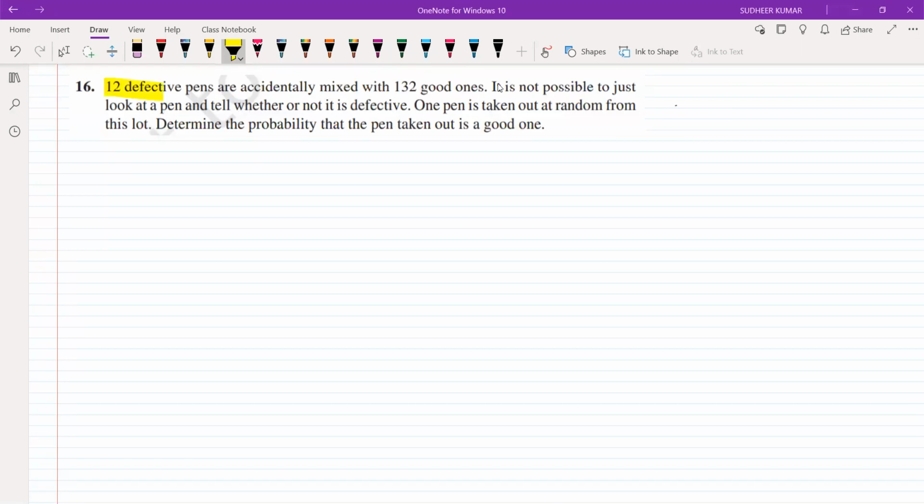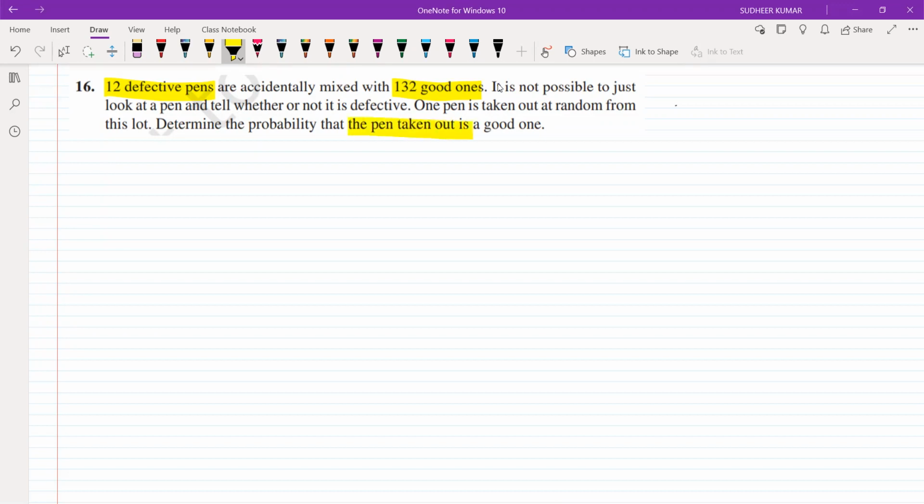12 defective pens are accidentally mixed with 132 good ones. It is not possible to just look at a pen and tell whether it is defective or not. One pen is taken out at random from this lot. Determine the probability that the pen taken out is a good one.